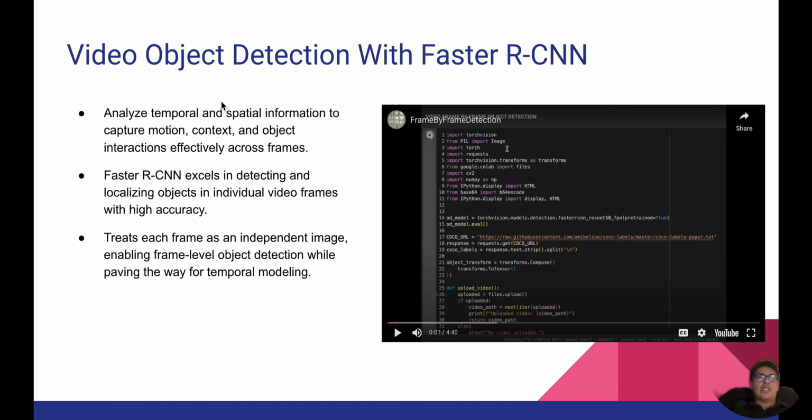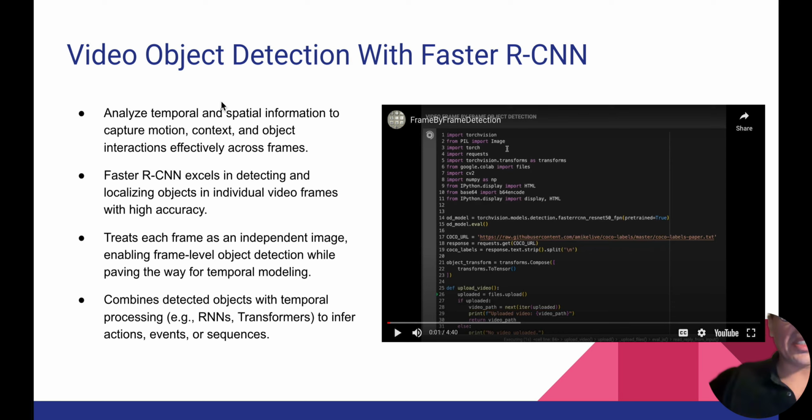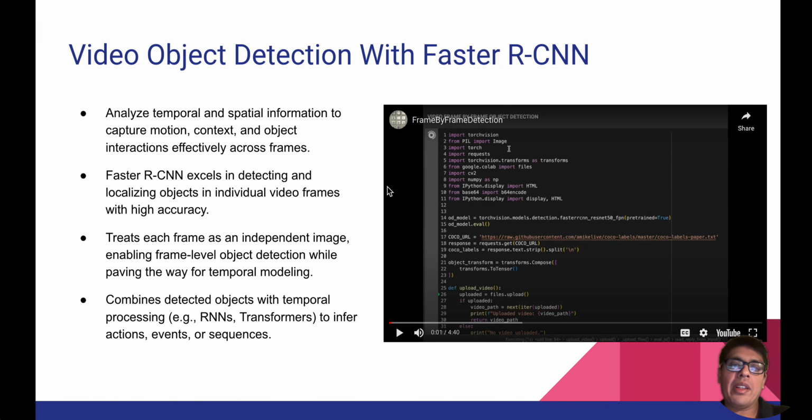So that's the way that you can model over time the presence of what's happening with particular objects. And if you combine these objects with temporal processing, you can do more types of action recognition. What I'm going to show you here is pretty straightforward, but you could get pretty advanced with this.